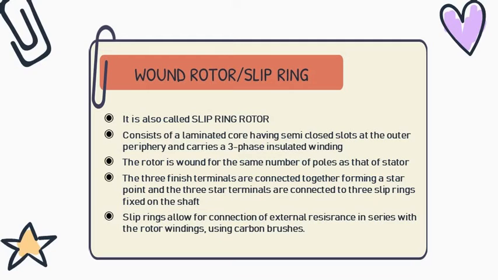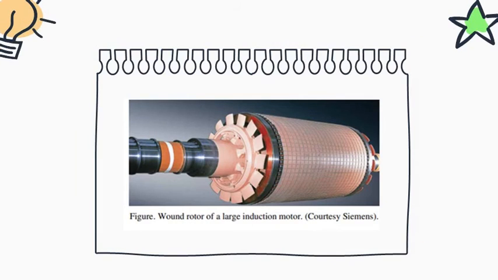The three finish terminals are connected together, forming a star point, and the three star terminals are connected to three slip rings fixed on the shaft. Slip rings allow for connection of external resistance in series with the rotor windings by using carbon brushes. This is the figure for the rotor of a large induction motor.